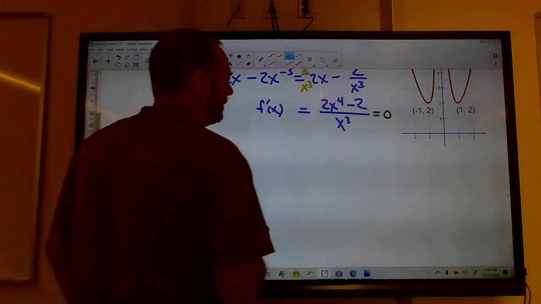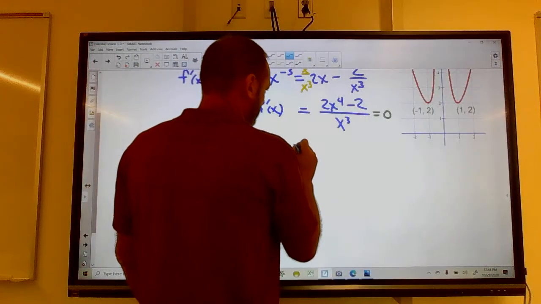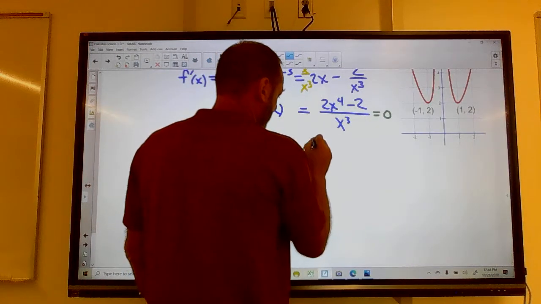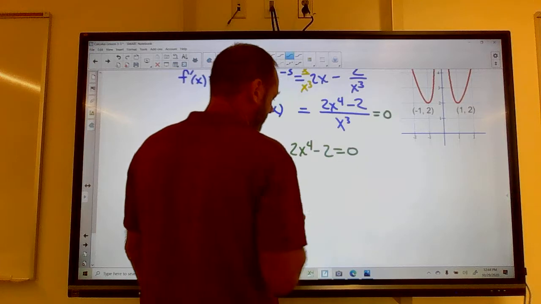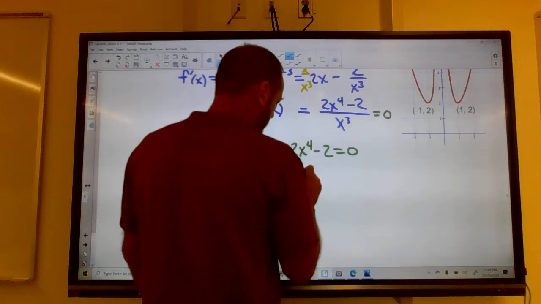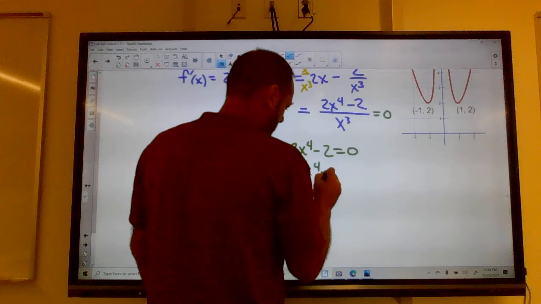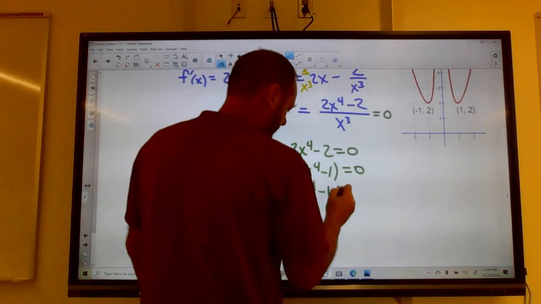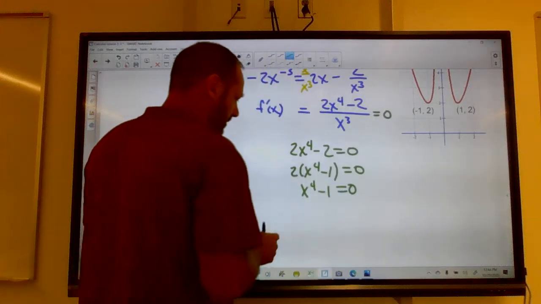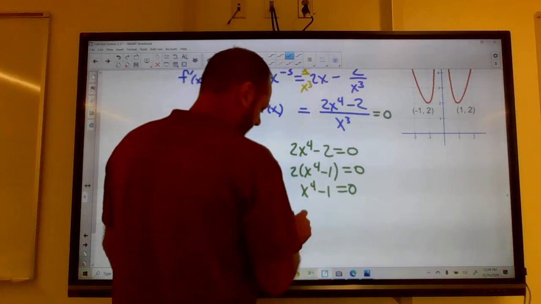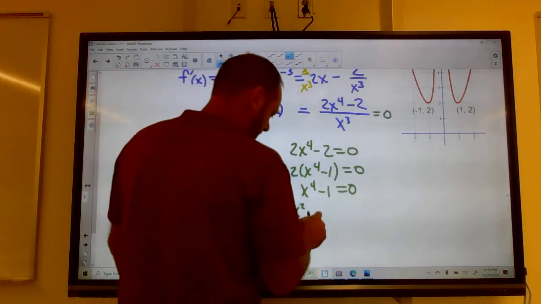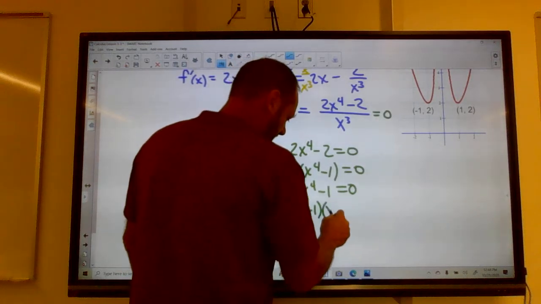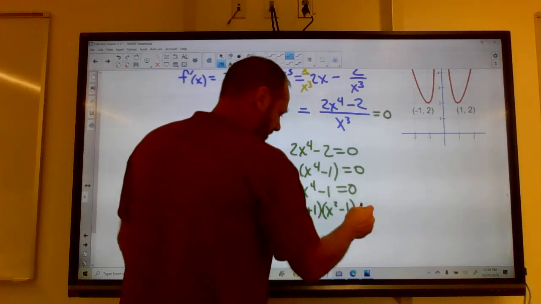So when the numerator is 0, so 2x to the fourth minus 2 is 0. I can factor out that 2. Divide by 2. I can factor this down to x squared plus 1 times x squared minus 1.